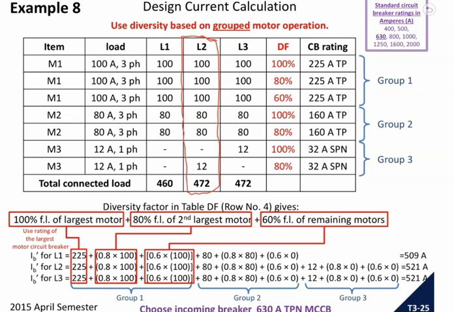And then we will arrive at this 521. And therefore we select 630.